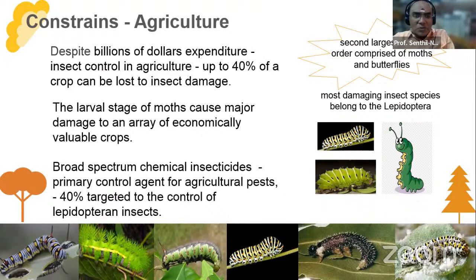The larval stage, especially of moths in the category of Lepidoptera, economically damages valuable crops. And we have been using a broad spectrum of chemical pesticides as the primary control for agricultural pests. There are so many problems with using these chemical pesticides, because you know that lots and lots of companies are pouring millions and millions of money into producing pesticides.